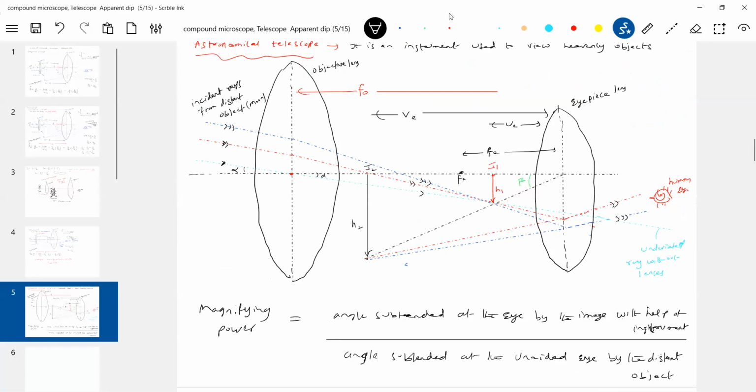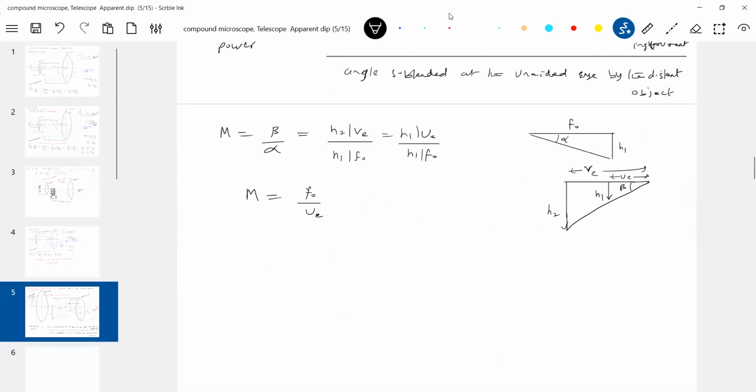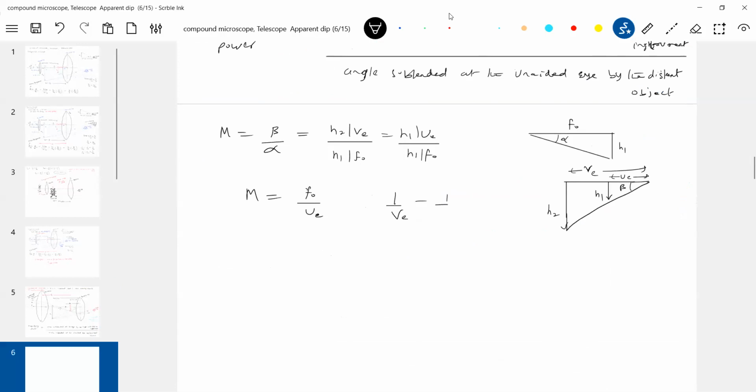So how to eliminate UE? UE is unknown. So shall we use the lens formula again? So this is VE, no? Using from optics, 1 by VE. So shall I replace this UE value? This will be negative, this will be negative, depending upon that.